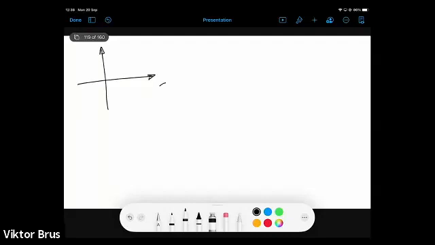We have axis x, axis y. Here is our rod with the length L. We will calculate for this given configuration the moment of inertia of this rod with respect to axis y.